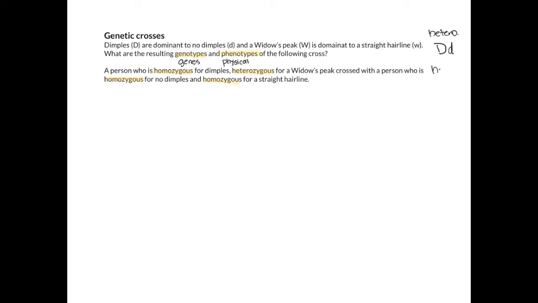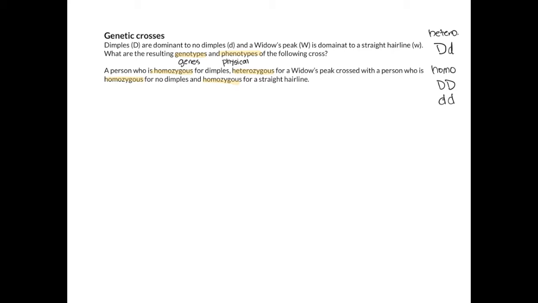Someone who is homozygous for dimples would either be both positive or both negative. You see how those are both the same type of allele, the same type of gene for both of the alleles. And remember that we do have two alleles, one that comes from the mother and one that comes from the father.